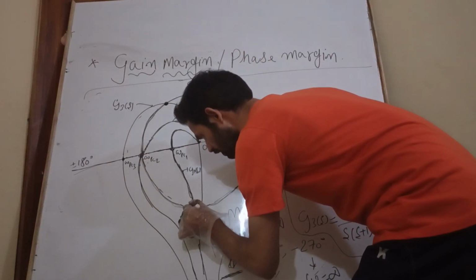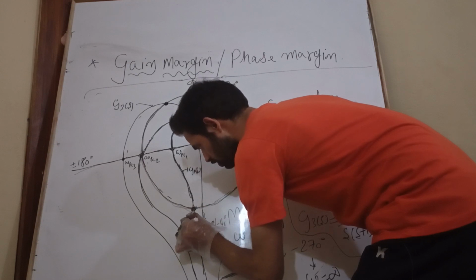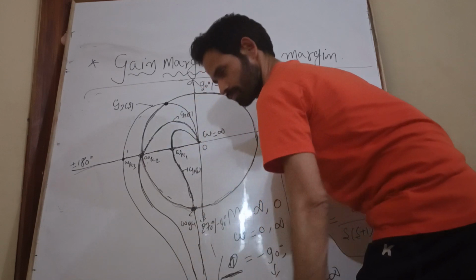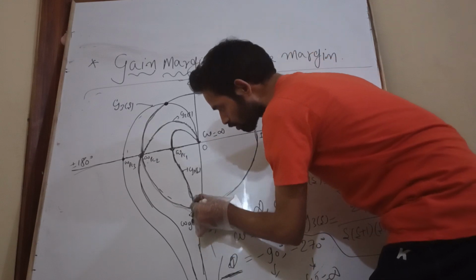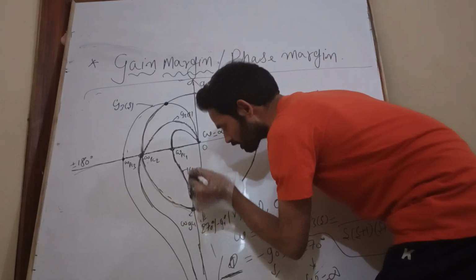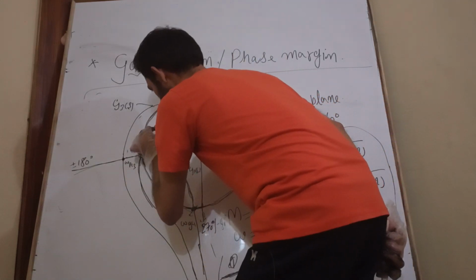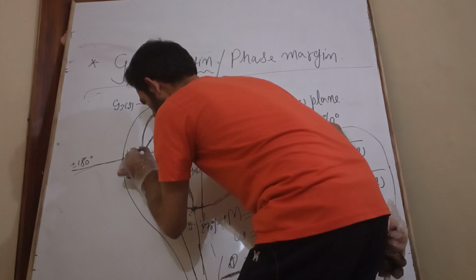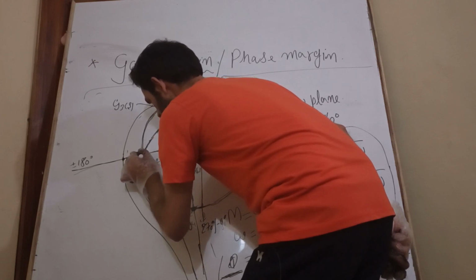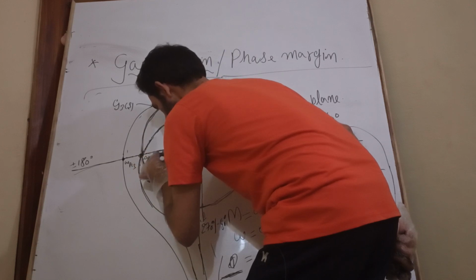See here, this is my gain unity, this is my omega gc1. Similarly, the next plot is cutting the unit circle here, this is my omega gc2.